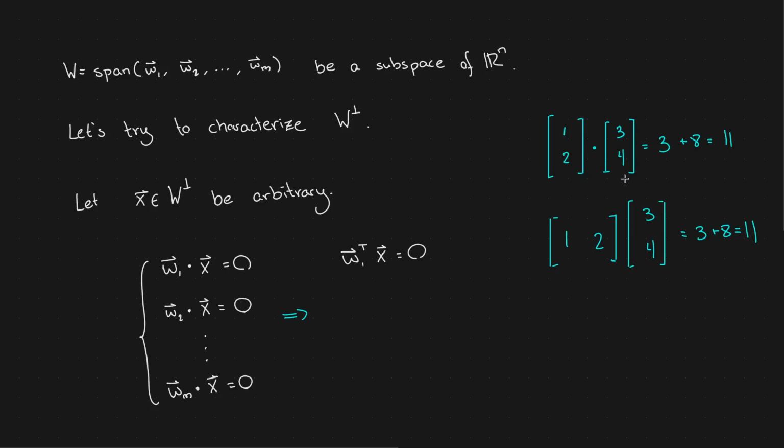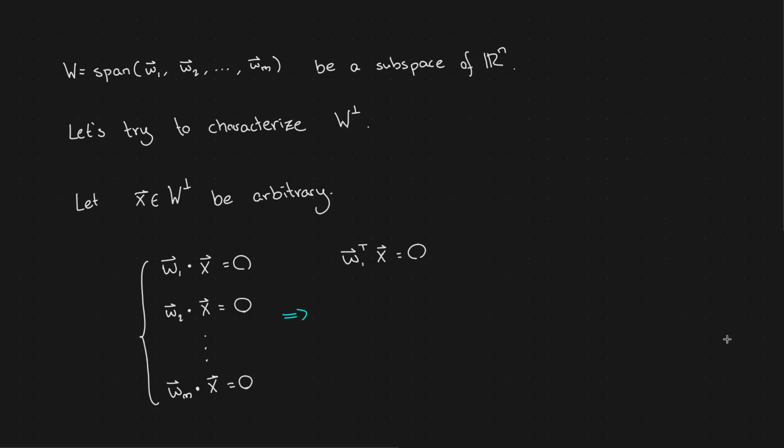That shows, as an example, that the dot product of two vectors is the same as the transpose of the first times the second. And that's exactly what we're doing here. Instead of looking at the dot product, we're taking the transpose of the first times the second. And I could do that for every dot product equation here.